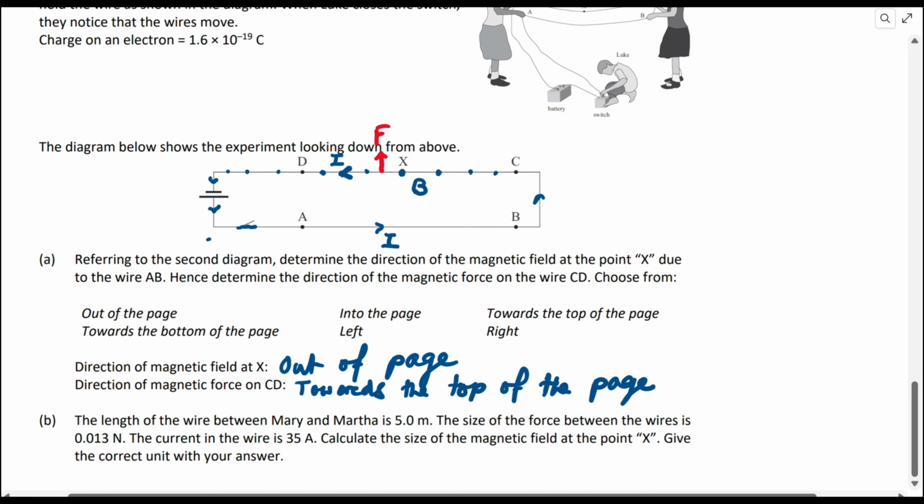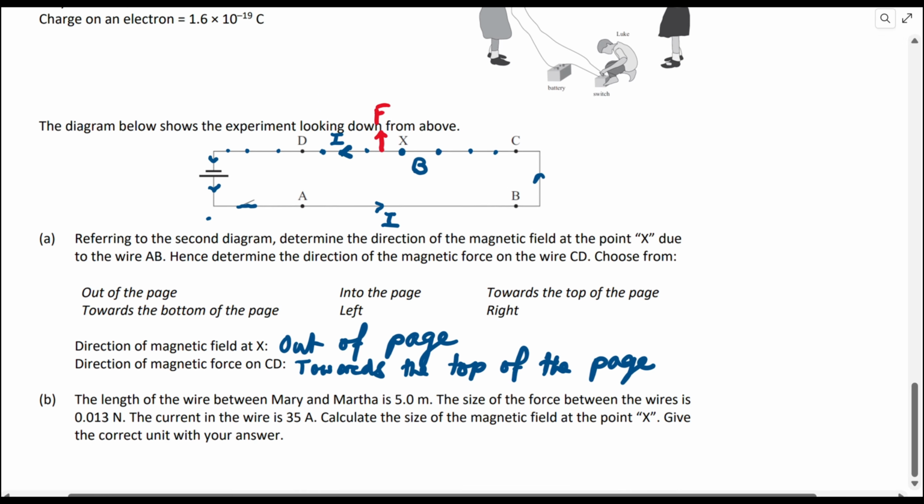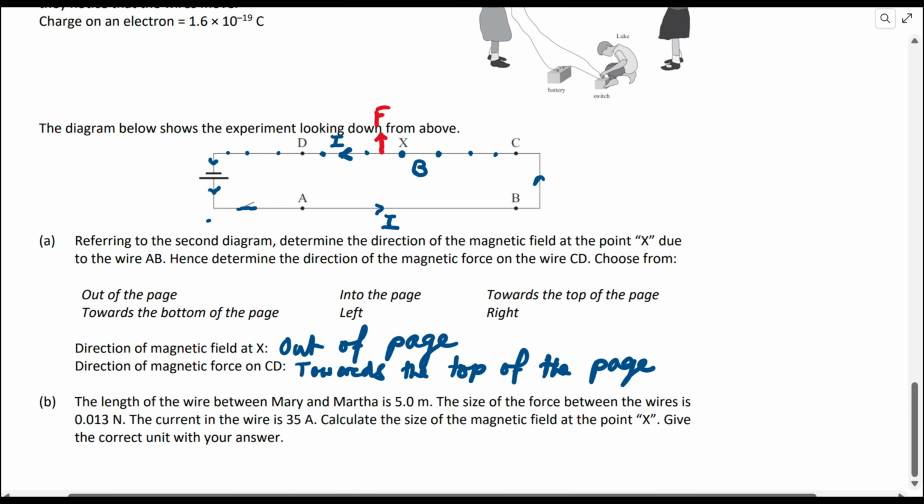And then the second part of the question, part B, is the length of the wire between Mary and Martha is 5 meters. The size of the force between the wires is this. So we are given here, that's our L, length of the wire.